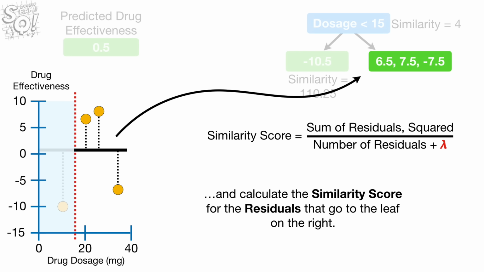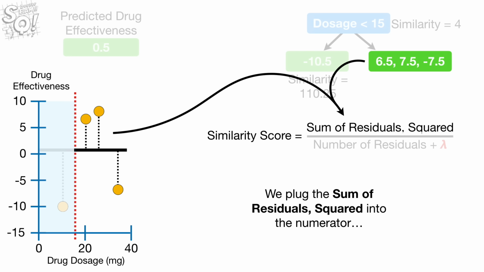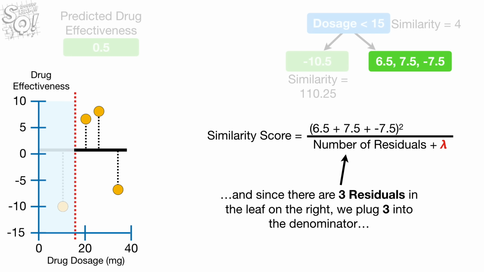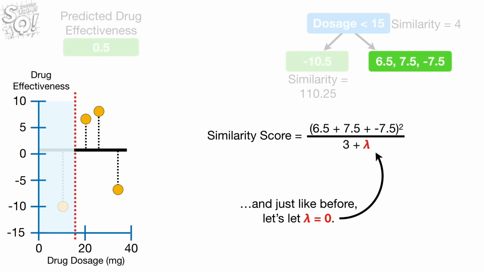and calculate the similarity score for the residuals that go to the leaf on the right. We plug in the sum of residuals squared into the numerator, and since there are 3 residuals in the leaf on the right, we plug 3 into the denominator, and just like before, let's let lambda equal 0.